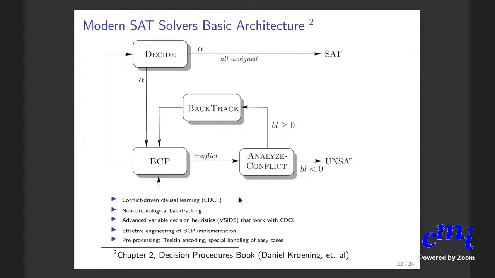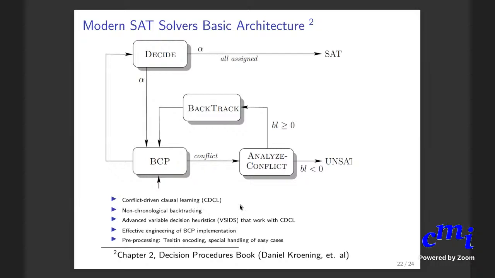So what I want to do today is go a little bit deeper, just to give you an idea of how the conflict clauses are generated, what kind of information we need to keep track of as you generate the decision tree and simulate the algorithm, and how you can derive possible conflict clauses.